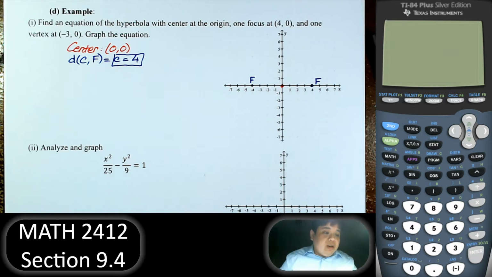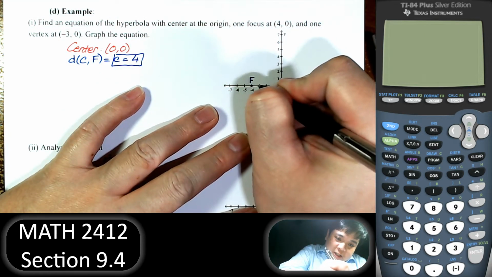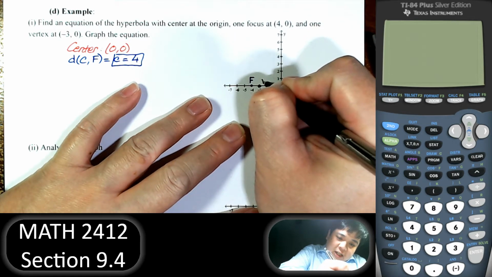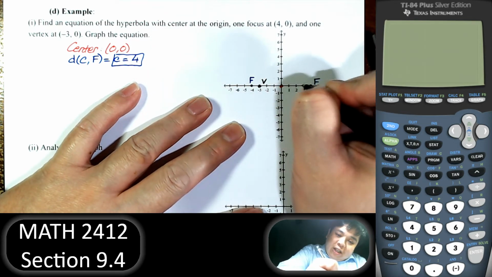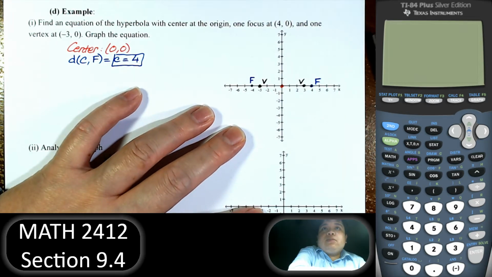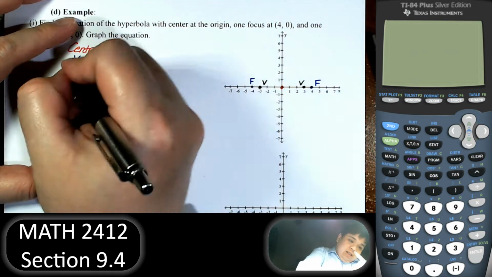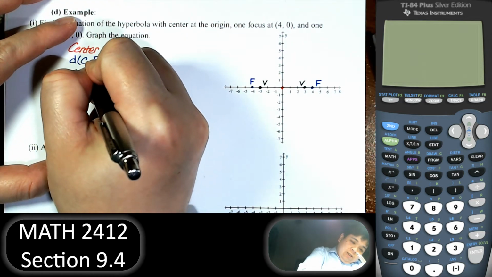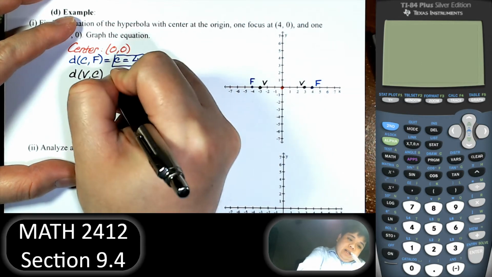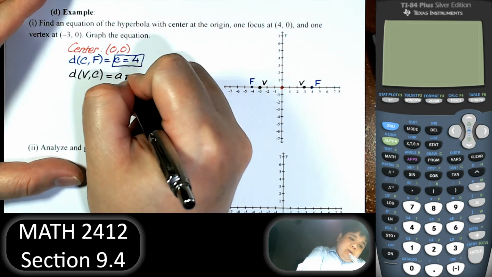And then we have one vertex at -3 and 0. One vertex here, and of course there will be another vertex on the other side. The distance from the vertex to the center is going to be A, and in this case, -3 to 0 is going to be 3.